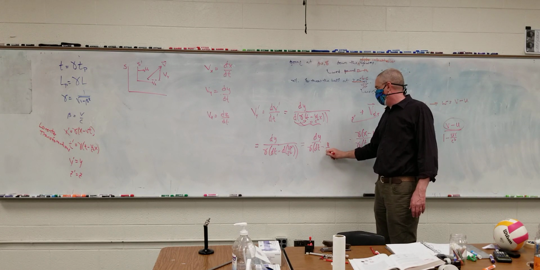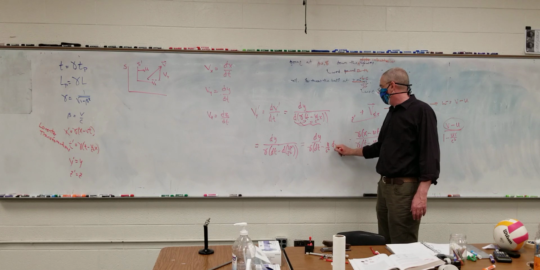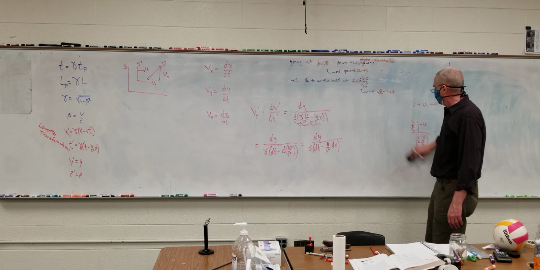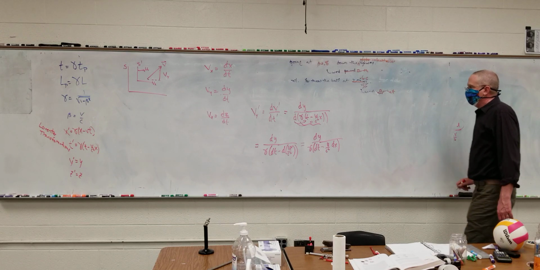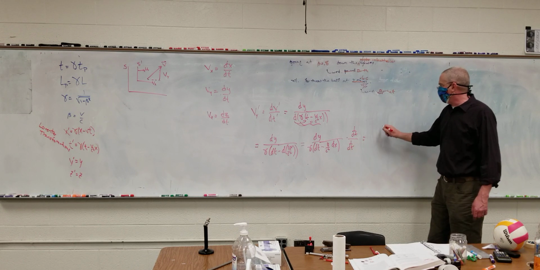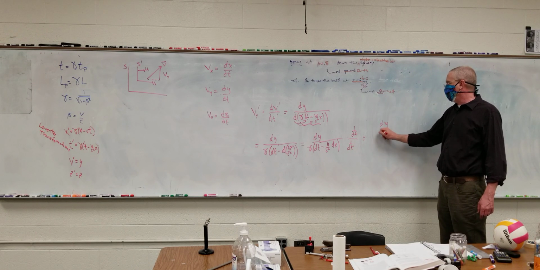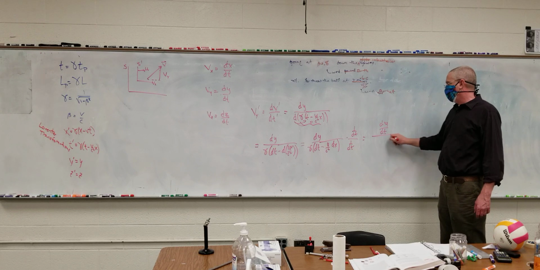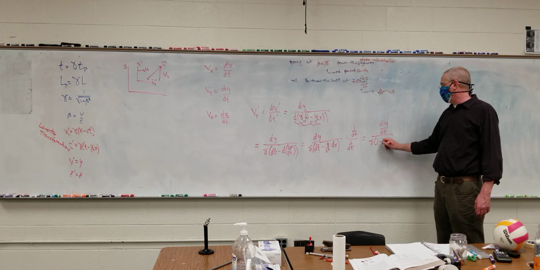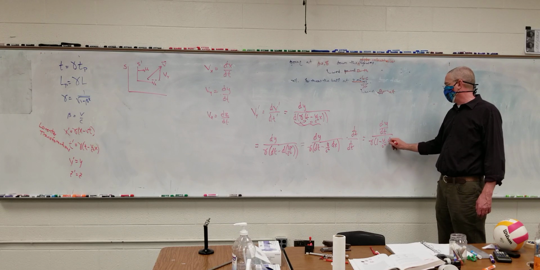C is a constant, and so what I'm left with is just dx. Multiply top and bottom by 1 over dt. So on top, I get dy/dt over gamma times 1 minus u over c squared dx/dt.